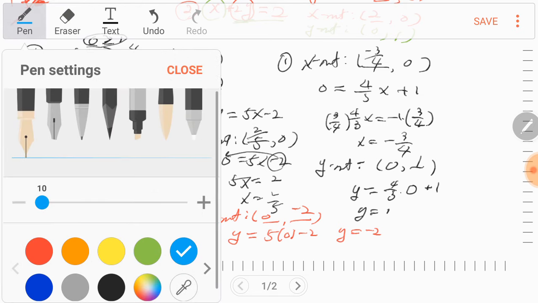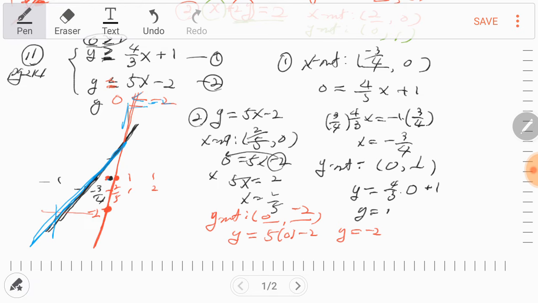Okay, draw again. This is the x-axis, and this is the y-axis. The solution for the first inequality is above the black line.